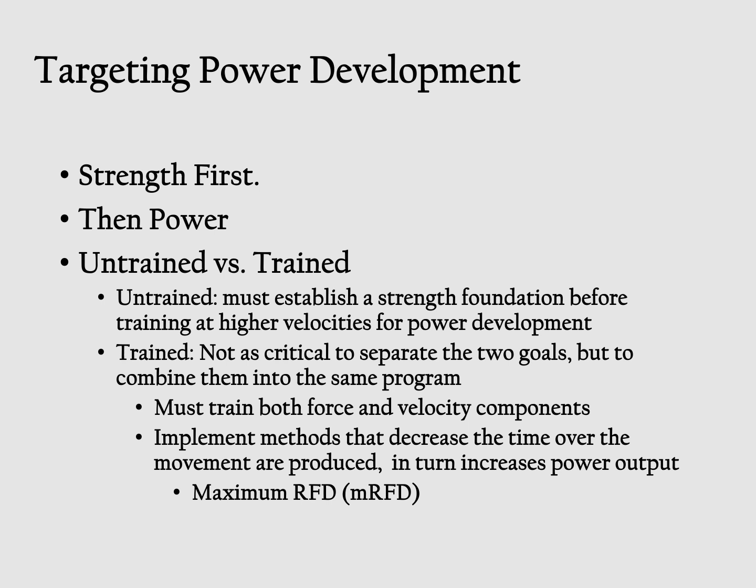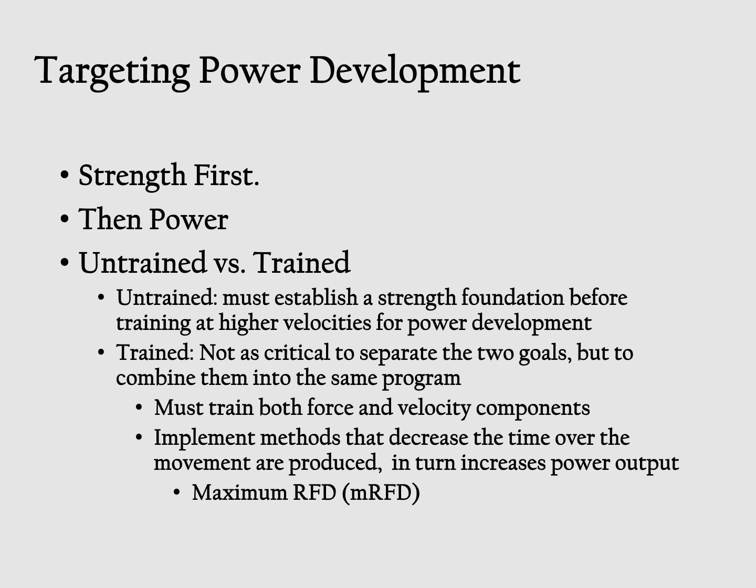Again, untrained, we must establish a strength foundation prior to training at higher velocities for power development. If you have athletes that are trained, it's not as critical to separate the two goals out, but to combine them into the same program, because you must train both force and velocity to improve power. Again, force times velocity equals power. You have to be able to train both of them and maximize both of them to improve this power output.